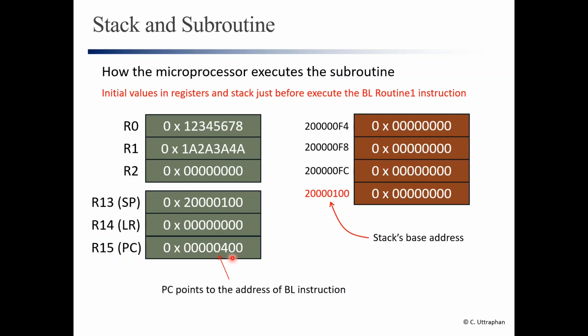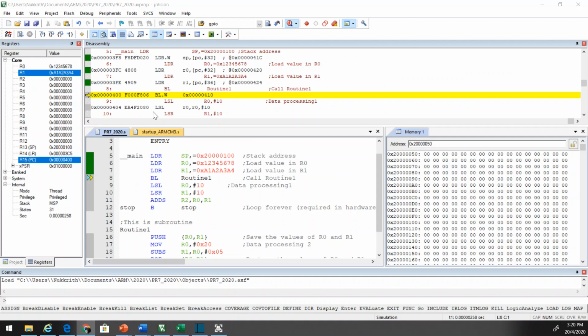Let's see these contents in Keil MicroVision, in debug mode like this. Here is the disassembly window, where we can see the address of our program in the memory, and the machine codes of our instructions.